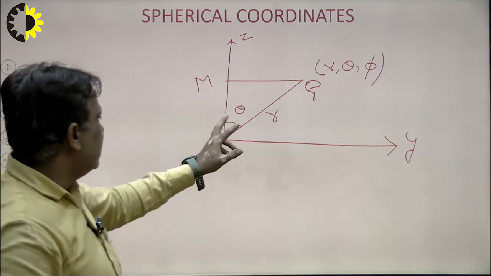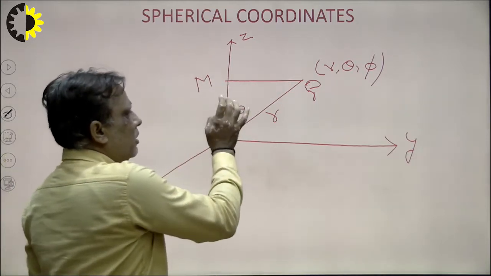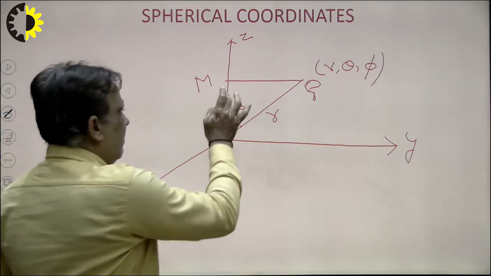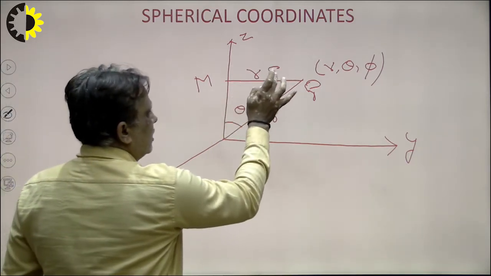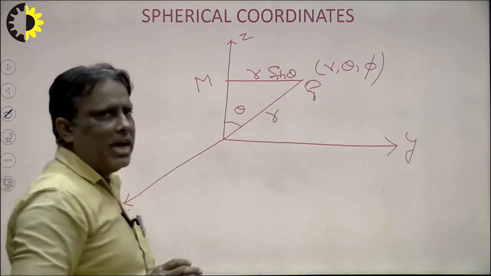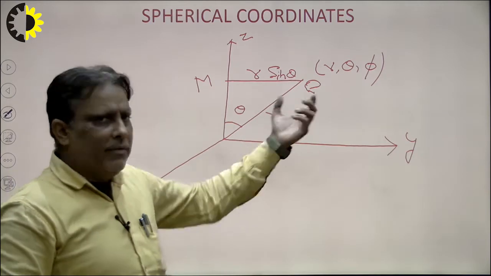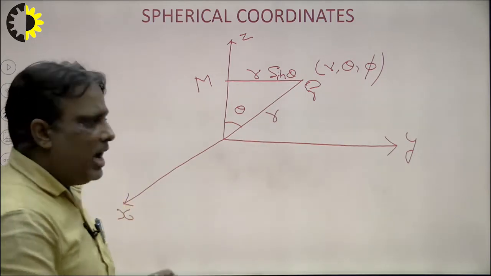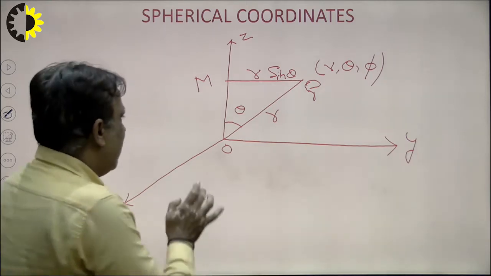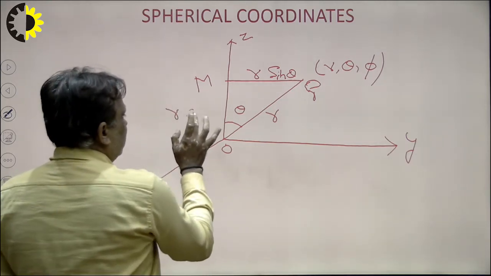This is theta and this angle is 90 degrees, so we calculate the opposite side of the angle, so this will be r sin theta. Students, keep in mind, when we find the opposite side of the angle and the hypotenuse is given, it will be r sin theta, and OM will be r cos theta here.